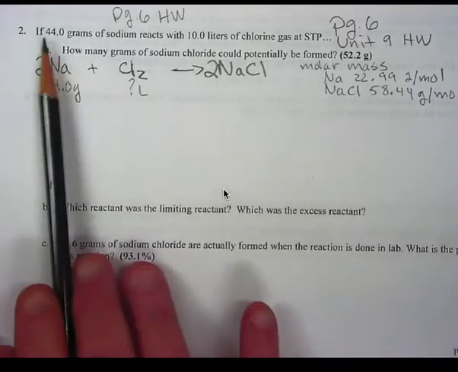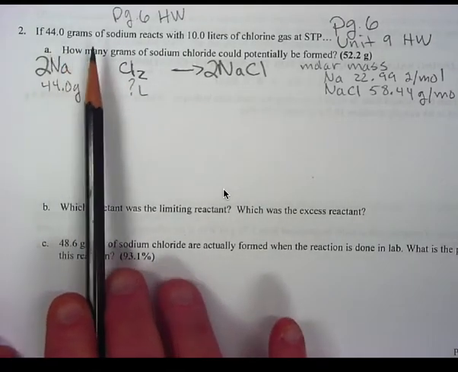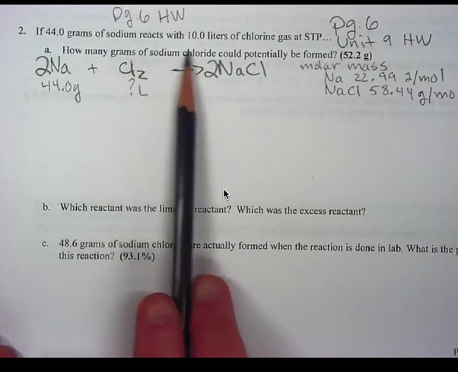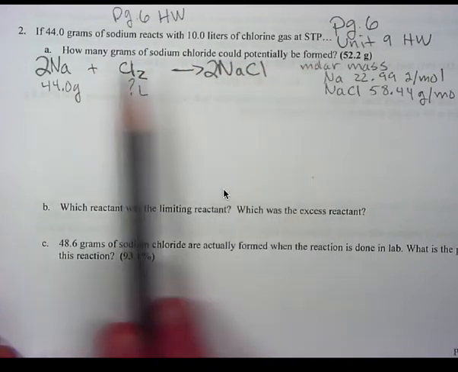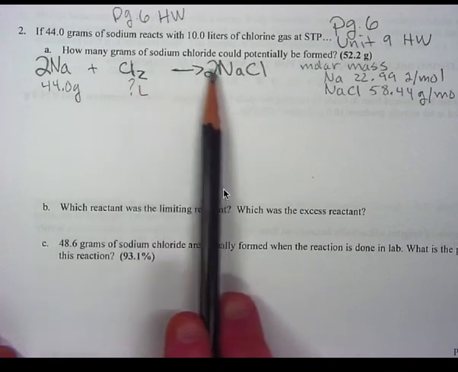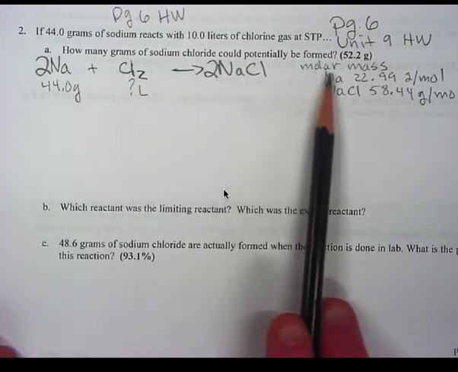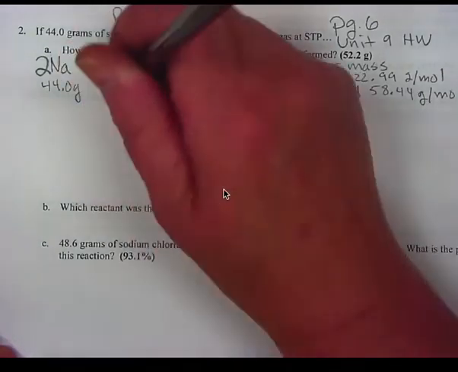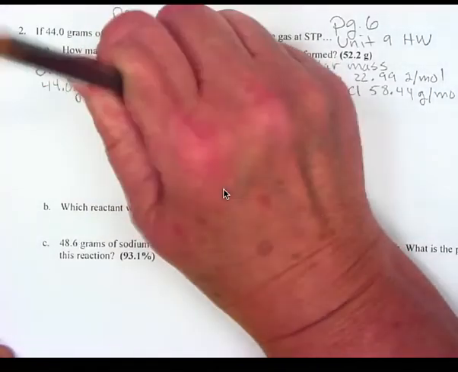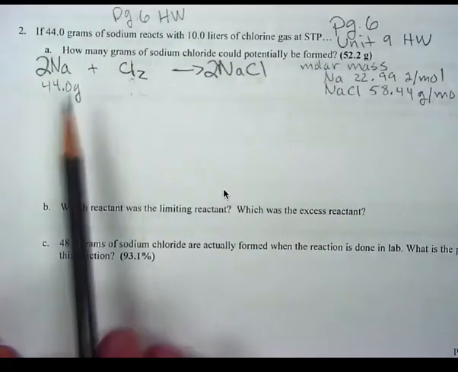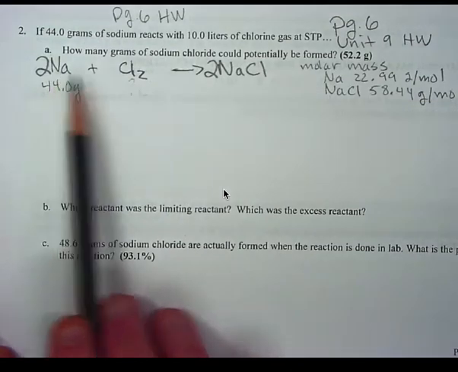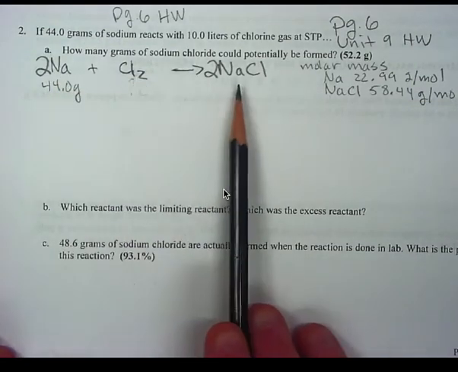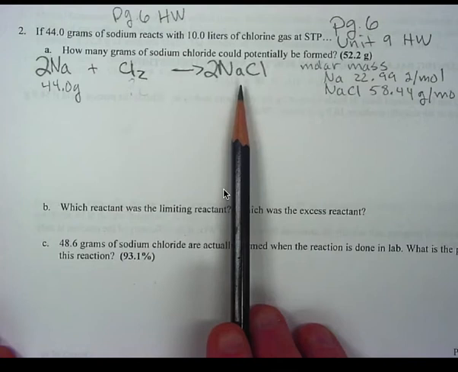The question says, if 44 grams of sodium reacts with 10 liters of chlorine gas at STP, how many grams of sodium chloride could potentially be formed? I've already written out the balanced chemical equation where we're reacting sodium with chlorine gas to produce sodium chloride.